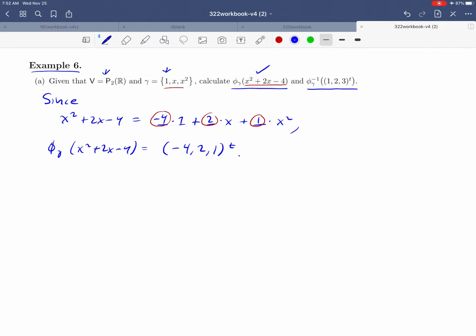It's going to take a coordinate vector (1, 2, 3), and we're asking what polynomial that would map back to. We can analyze that by first asking what polynomial the coordinate vector (1, 2, 3) builds. If we take 1 as the coefficient of our first basis vector, 2 as the coefficient of the second one, and 3 as the coefficient of the third, the polynomial that we build is 1 plus 2x plus 3x squared.